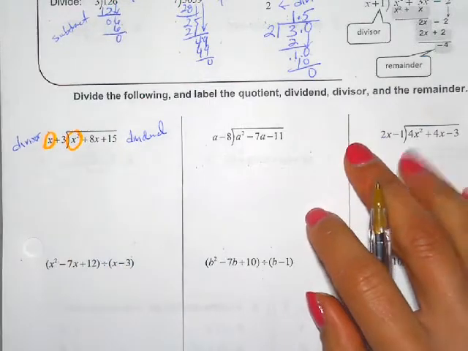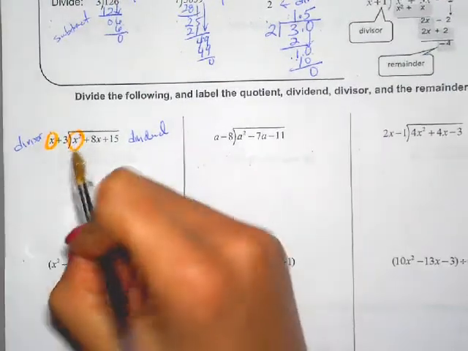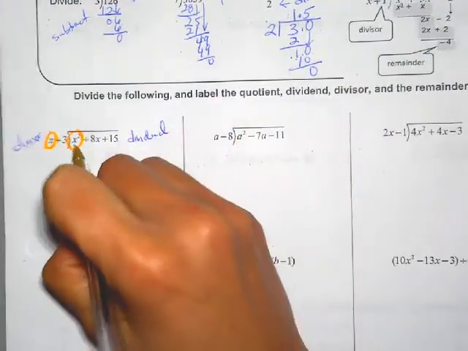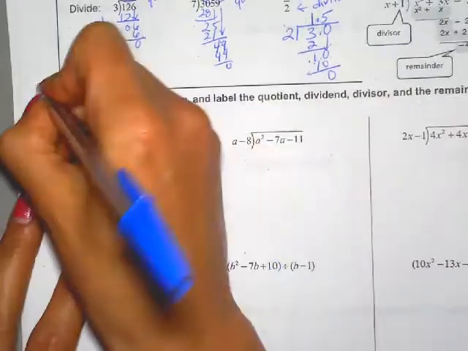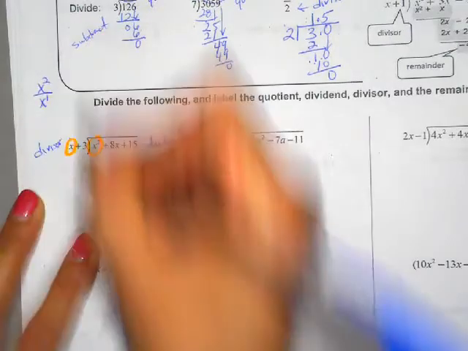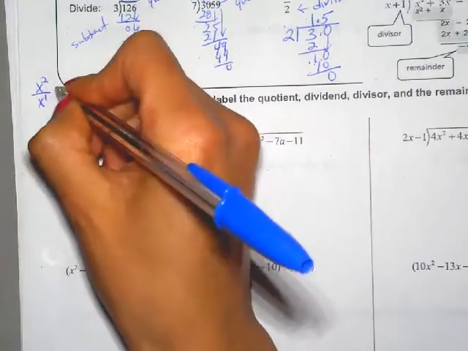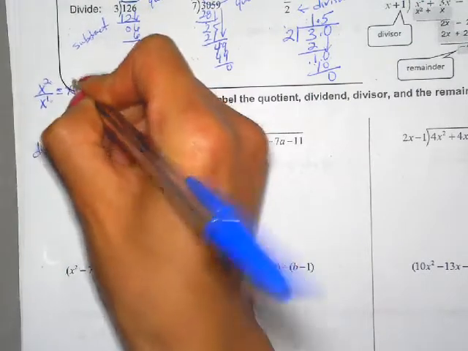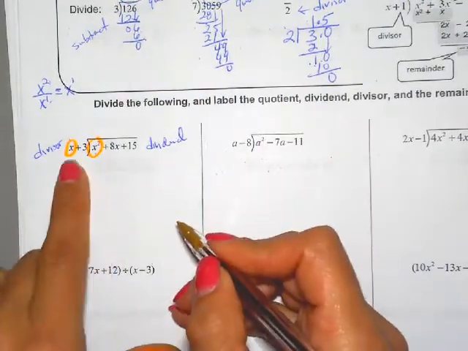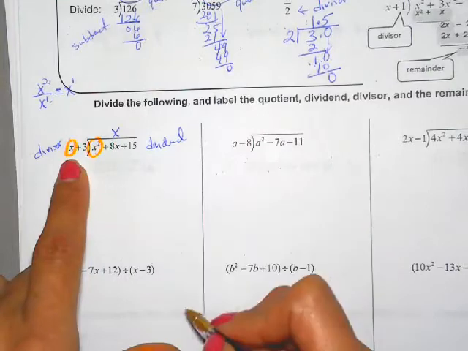So you can look at it as division. I like to look at it as multiplication, but if you're going to look at it as division, you're going to look at x squared divided by x. We know that we have x to the 1, and when we divide variables, we subtract their exponents, so 2 minus 1 is 1. So x squared divided by x is x.